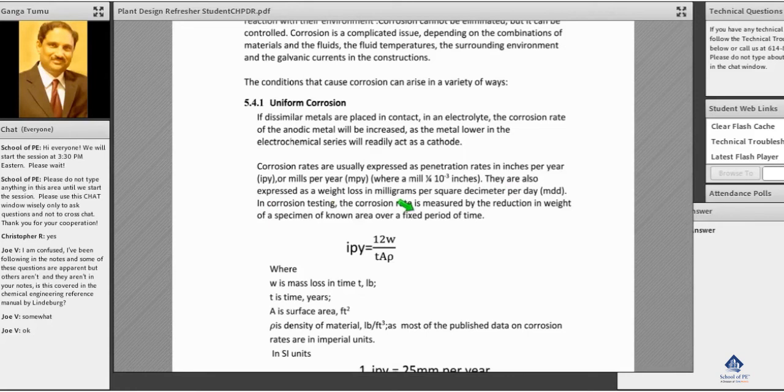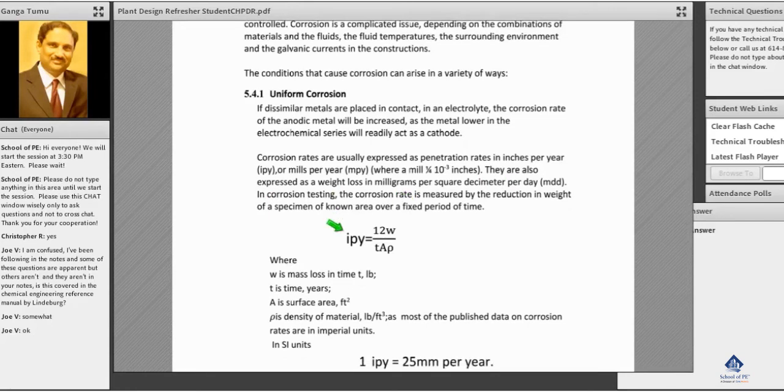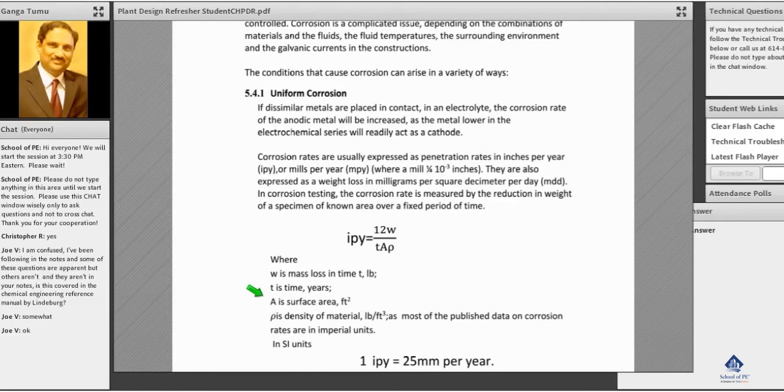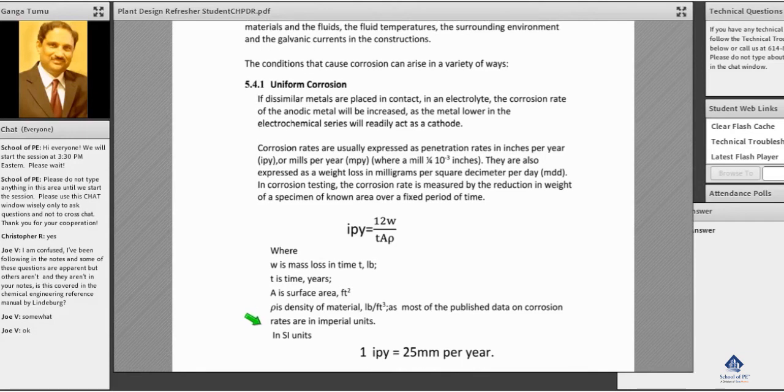In corrosion testing, the corrosion rate is measured by the reduction in weight of a specific known area over a fixed period of time. The equation is IPY equals 12W over T A rho, where W is the mass loss in time T, in pounds or grams, T is the time in years, A is the surface area in square feet, and rho is the density of the material.